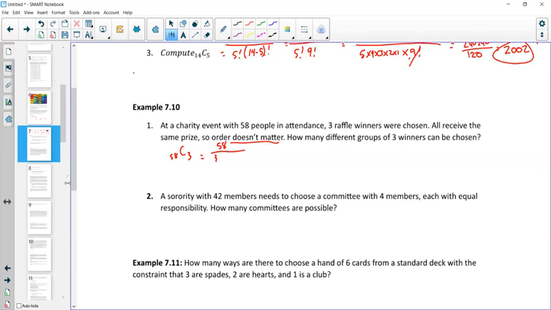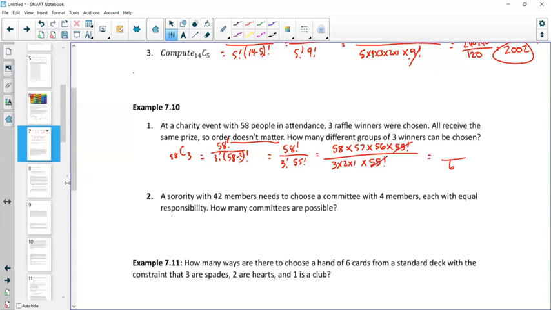58 factorial over 3 factorial times 58 minus 3 factorial. 58 factorial, sorry. And we have 58 factorial over 3 factorial times 55 factorial. 58 times 57 times 56 times 55 factorial over 3 times 2 times 1 times 55 factorial. 55 factorials cancel out.